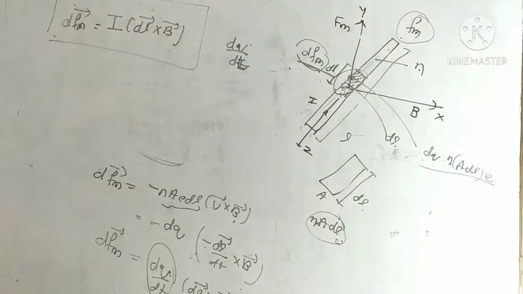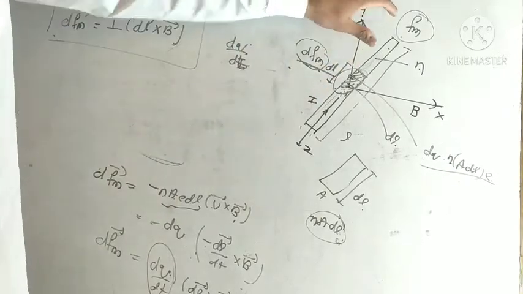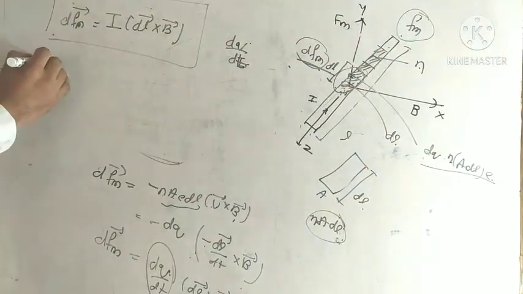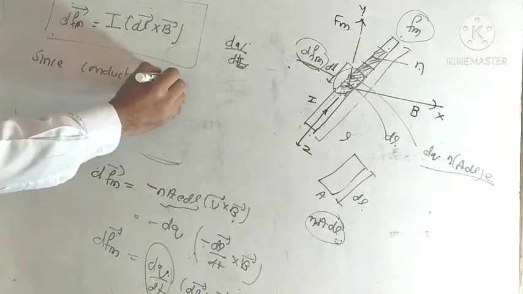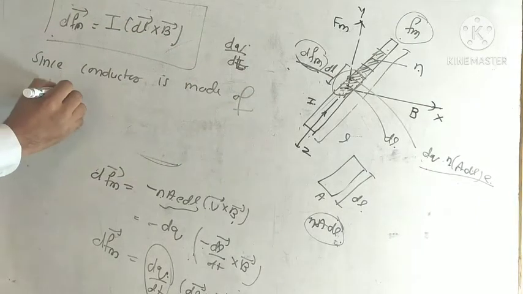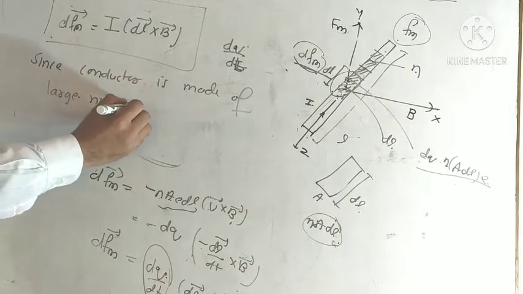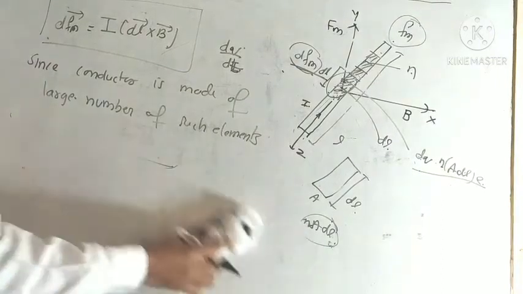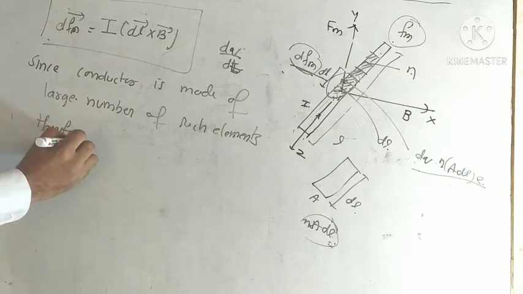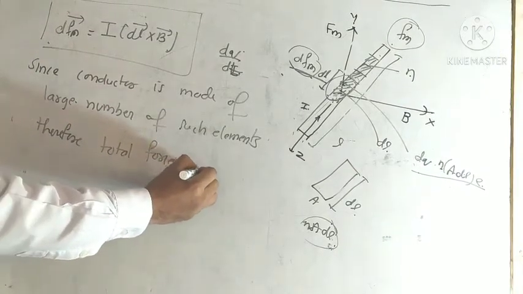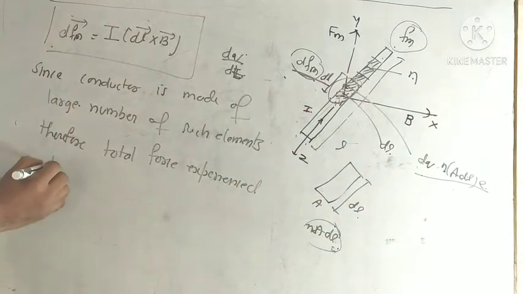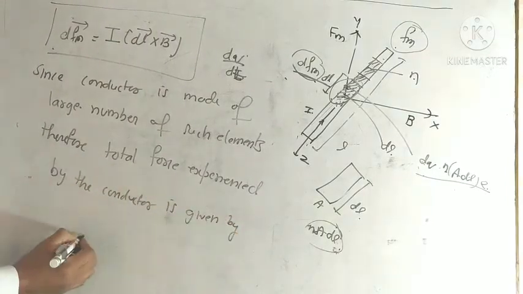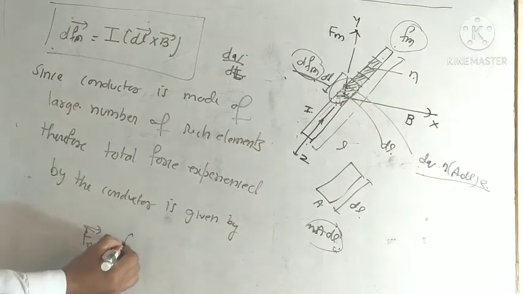Since this conductor is made of a large number of such very small elements, therefore the total force experienced by the conductor is given by Fm, which is the integration of dFm.